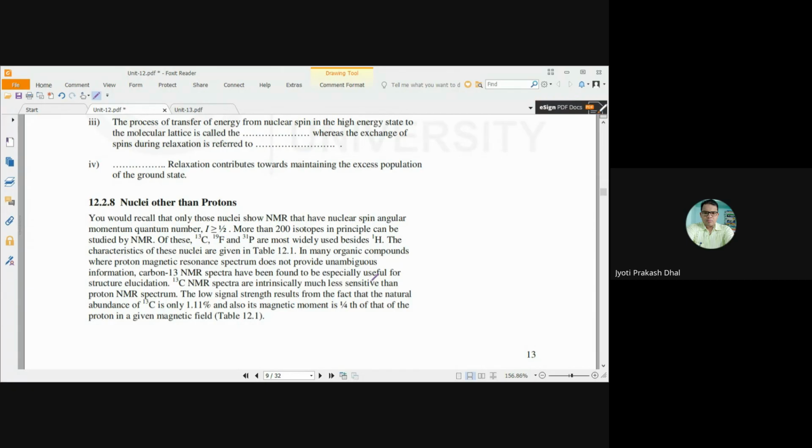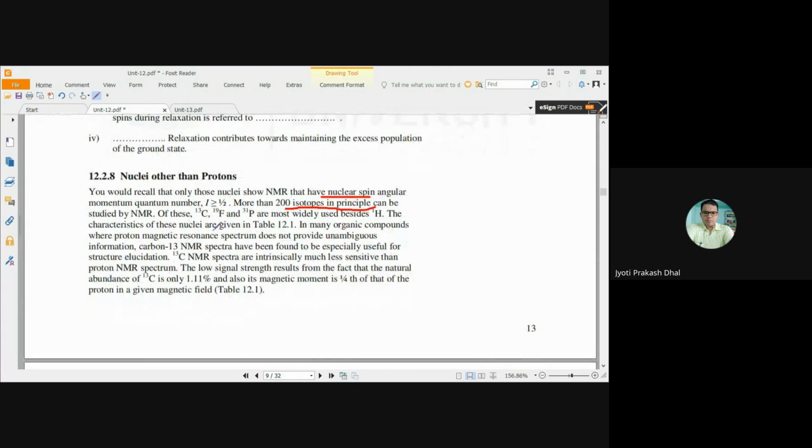are also NMR active. Those nuclei show NMR that have nuclear spin angular momentum I greater than or equal to half. More than 200 isotopes in principle can be studied by NMR, but among the widely used techniques, 6 carbon 13, 9 fluorine 19, and 15 phosphorus 31 are most widely used besides 1H1.